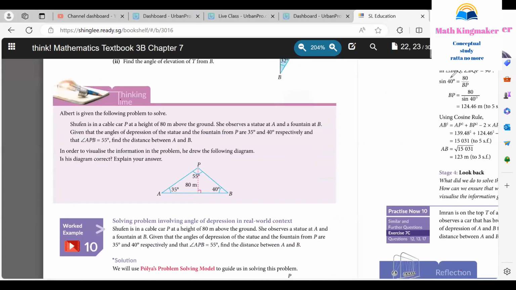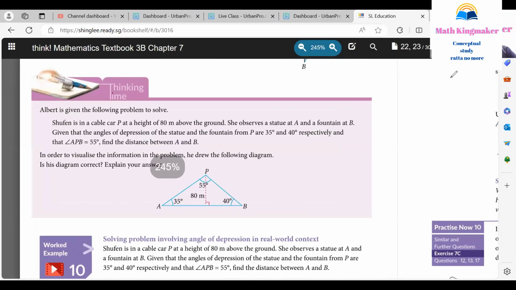So thinking time. Okay. Is this diagram correct? Explain your answer. Okay, just think about this question. Albert is given the following problem to solve. So rather than focusing on this figure, you just make your own figure. Then it will be easy to compare.